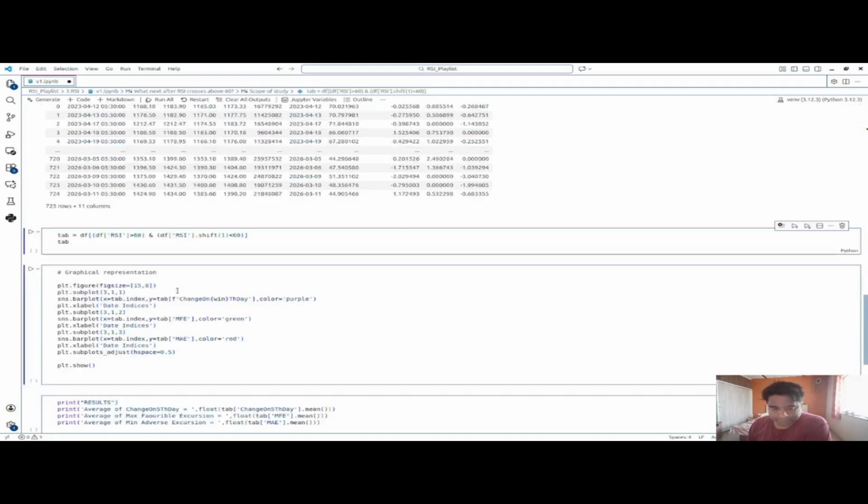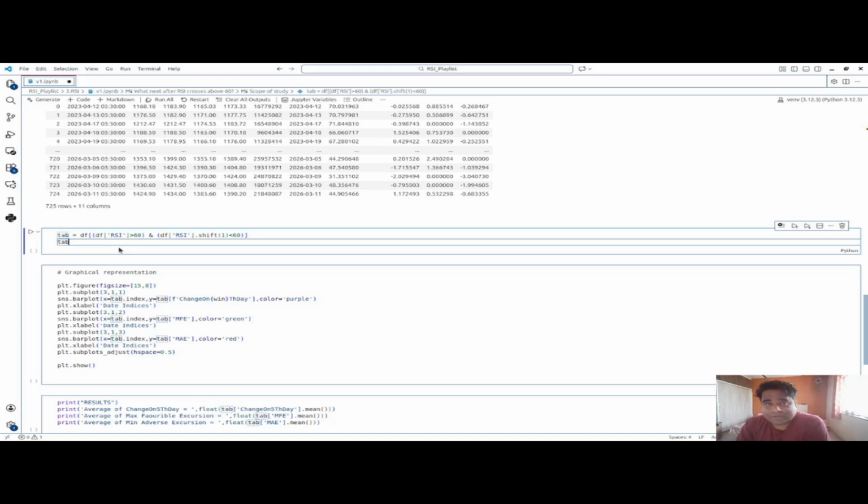Next, now the crux of our analysis, that is what happens to the price after it crosses above 60 in the next 5 days. So we'll filter the results where the RSI has crossed above 60, and we will get 3 parameters to analyze.